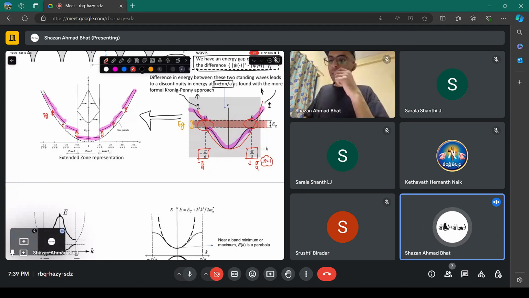Someone might ask why there are so many band gaps in a crystal. Yes, it is correct. A crystal has multiple band gaps, not only one. If you excite an electron from this region to this region, you have to cross this band gap. But if you again give it some energy, you have to cross this particular band gap again. There are multiple band gaps in the same crystal.